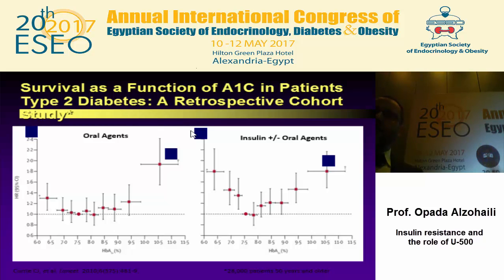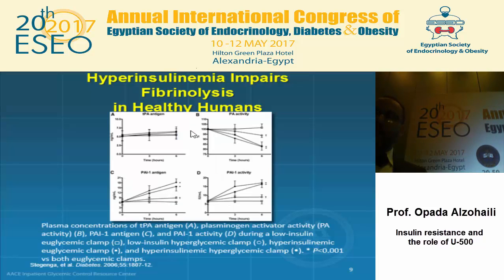Why it's not a straight line, the lower the sugar, the less complication, the less mortality. It was a J curve, where too low an A1C actually causes more mortality, especially if you are on insulin. So there are probably other factors that affect mortality, quality of life, and cardiovascular disease, beyond just sugar control.